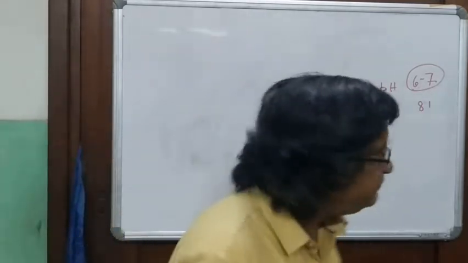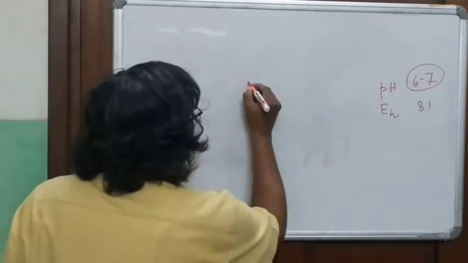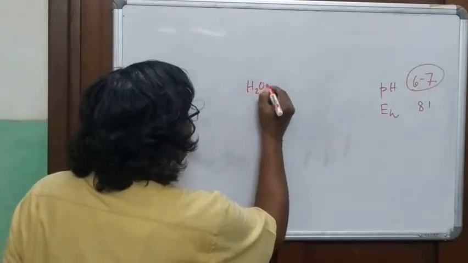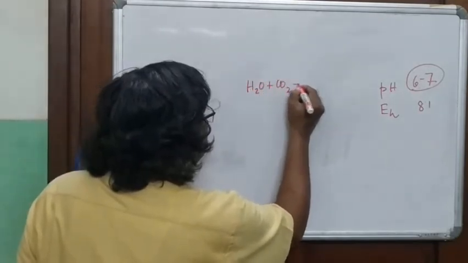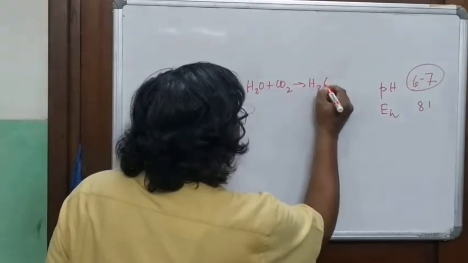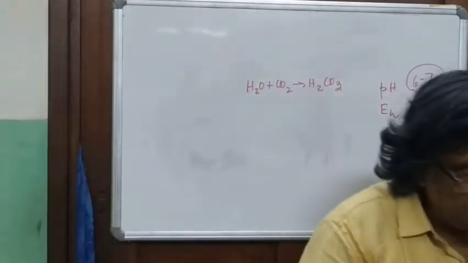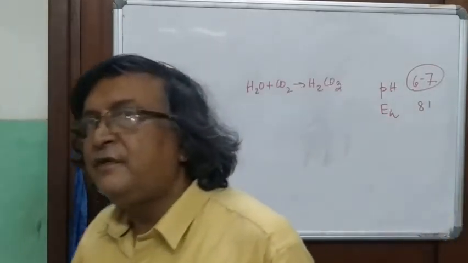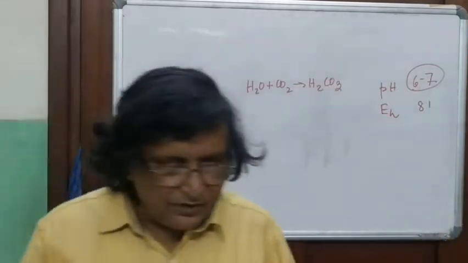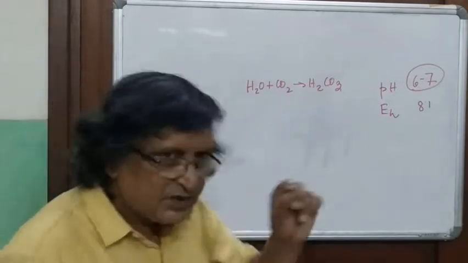Why acidic? Because of H2O plus CO2. This produces H2CO3, carbonic acid. That's the first thing. So you must have heard about acid rains. These are all slightly acidic.